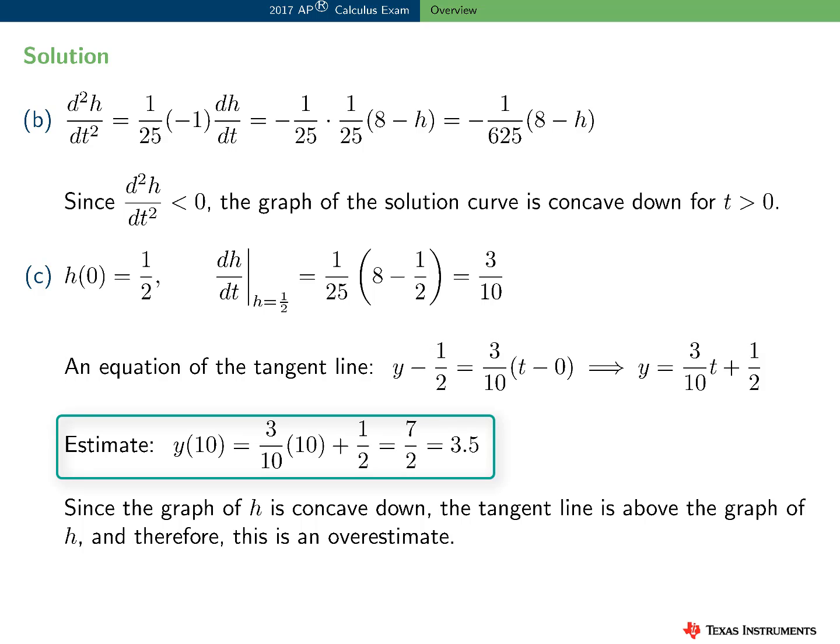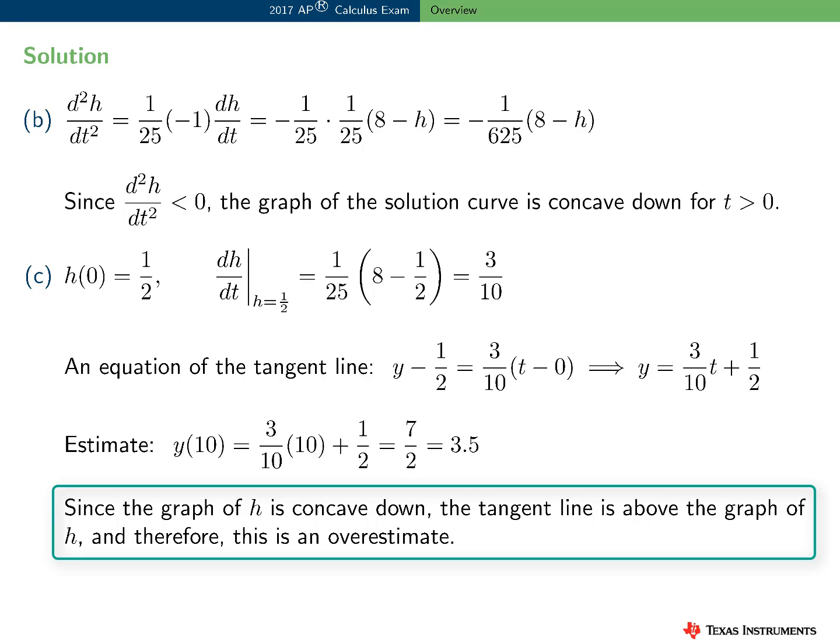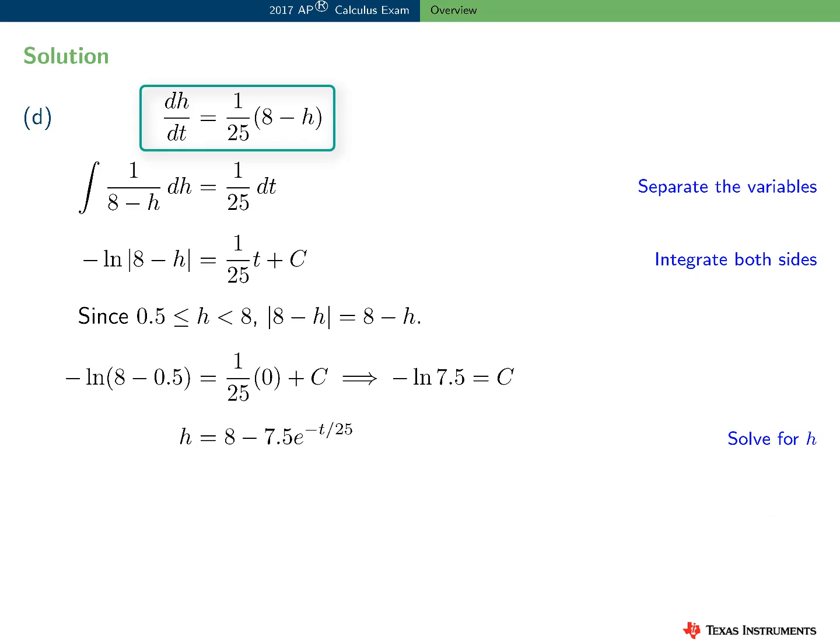An estimate for the height of the stalk at time t equal 10 days is 3.5 feet. And since the graph is concave down, the tangent line is above the graph of h, and therefore this is an overestimate.